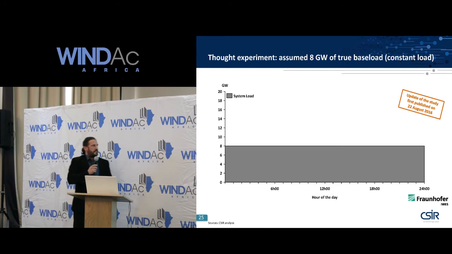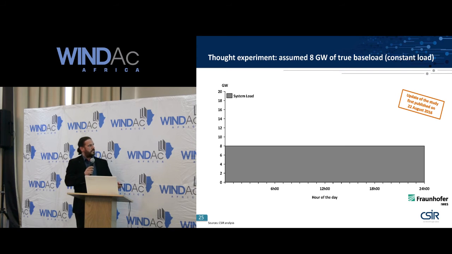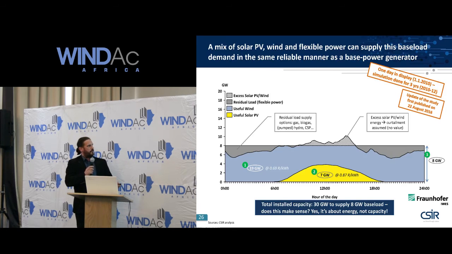Well, how does it look? We have the base load, which is constant over the year, and then we have the feed-in by means of PV and by means of wind.